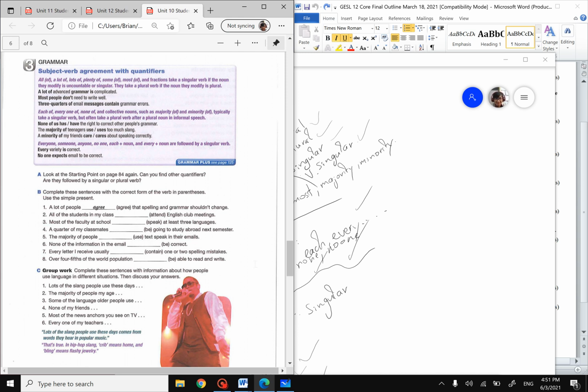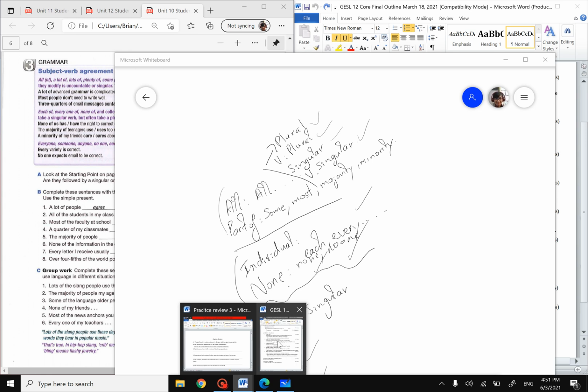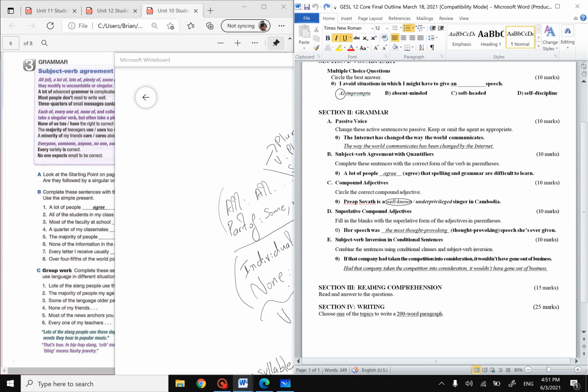However, in this example, a lot of people, a lot of means part of, so we have to look at the noun. The noun is people, which is plural, so we use a plural verb, which is the verb without s. So that's it for subject verb agreement with quantifier. Again, look at the quantifier.